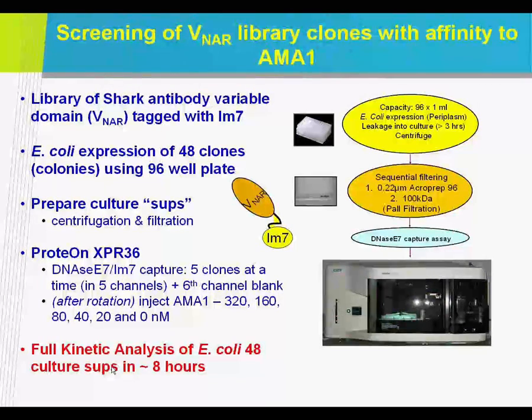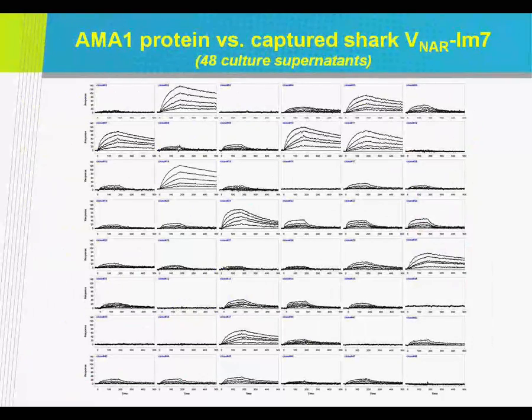And these dotted lines represent the affinity. So this represents a 1 micromolar affinity, that's 100 nanomolar affinity, 10 nanomolar affinity. We knew that our starting clone, before it was affinity matured, was in the order of about 200 to 300 nanomolar.